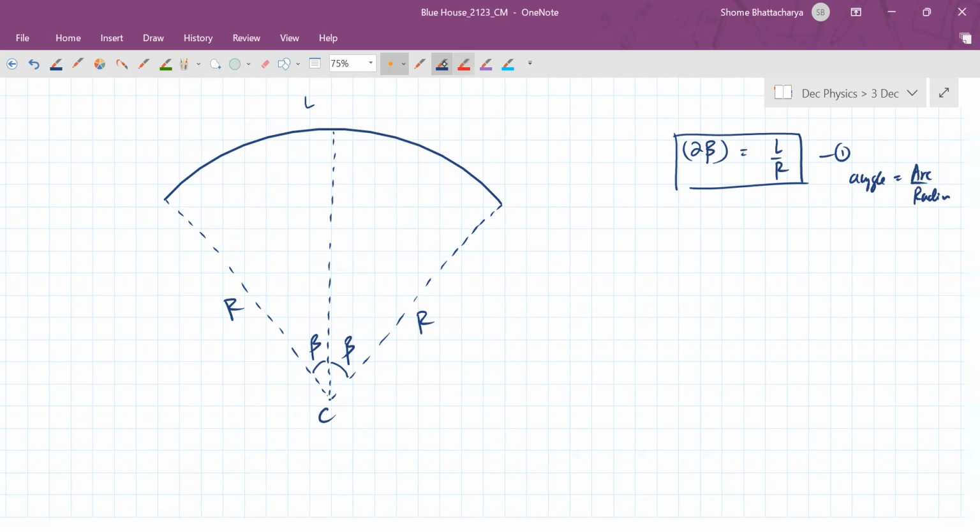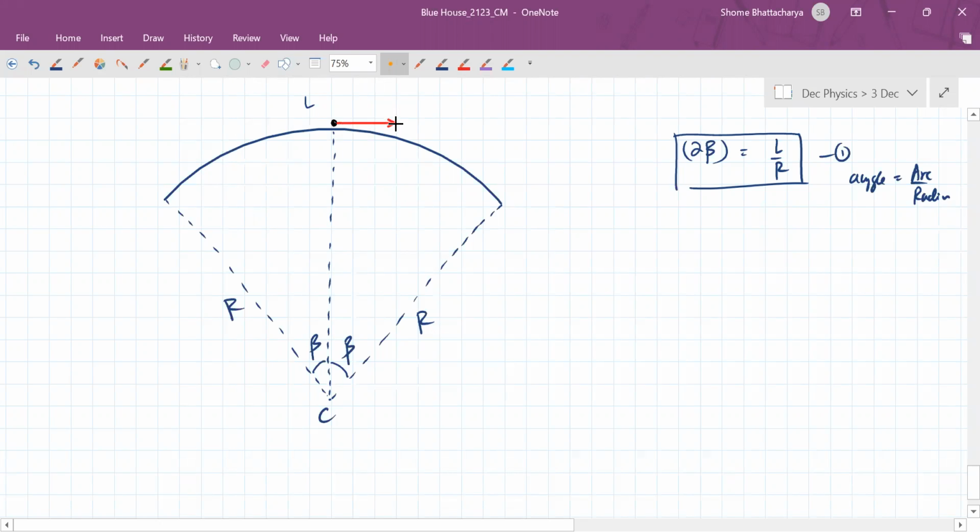Now we can represent our motorcycle as a particle in our free body diagram. Say it starts off with a speed V0 at the top. Then immediately, because it's on a circular path, it has to have a centripetal acceleration to maintain that circular path.